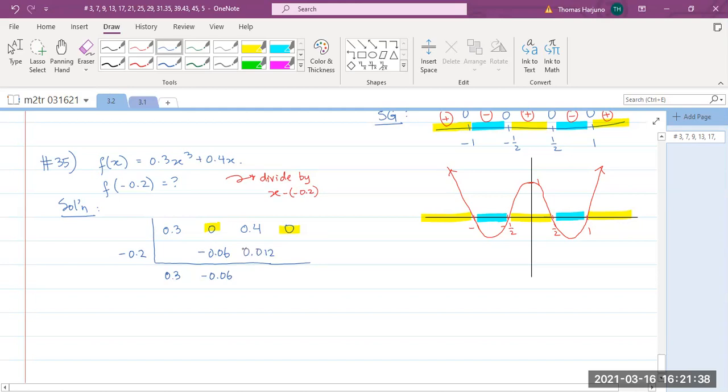And negative times negative is positive. So the product is 0.012. When I add, this is 0.412. Multiply by 2, it's 824, but now it is 4 decimal places with negative.